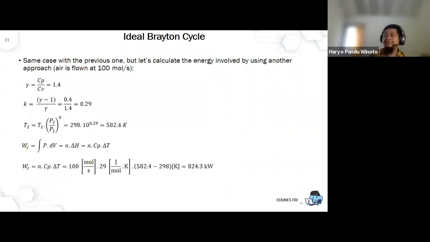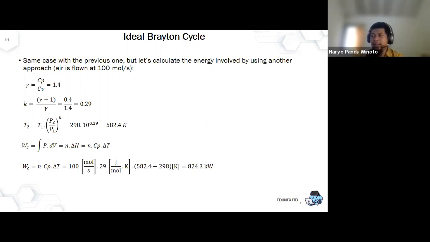So this is the same case, but with a different approach. What happens if there is no TS diagram in there? Let's calculate the energy involved by using another approach.